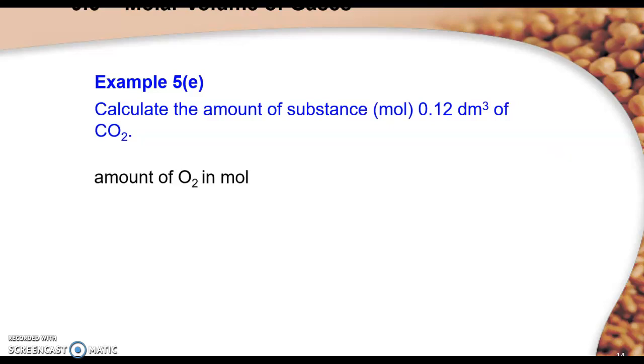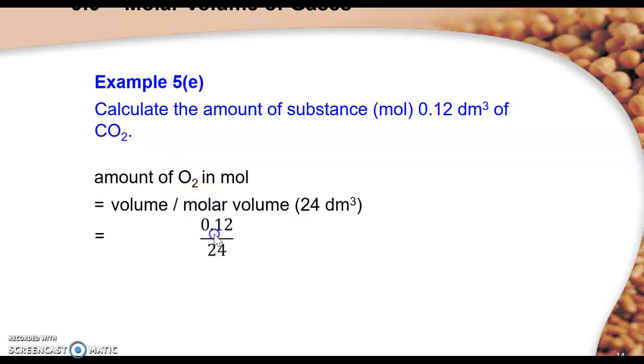Sorry, this is the amount of carbon dioxide in moles. Please take note that this is CO2. You should use volume divided by molar volume, 0.12 divided by 24. I'm using 24 because the unit here is in dm cube. Then you get your answer and round it off to 3SF.